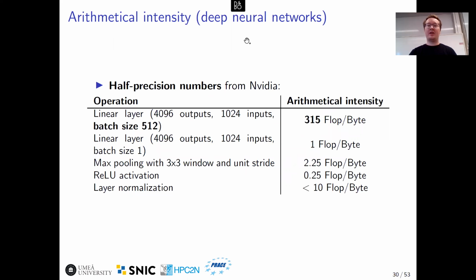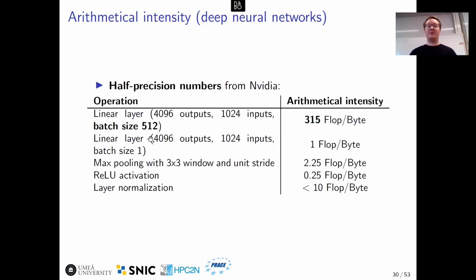And briefly going back to deep neural networks, I don't personally have that much experience with this topic, but I looked up some numbers from NVIDIA, and they are telling you that when you're doing half precision computations through the cuDNN library, if your linear layer in a neural network has around 4,000 outputs and 1,000 inputs, and you set the batch size, meaning how many data points you are processing in one batch when you are pushing to the GPU, then the arithmetic intensity they're promising you is 350.